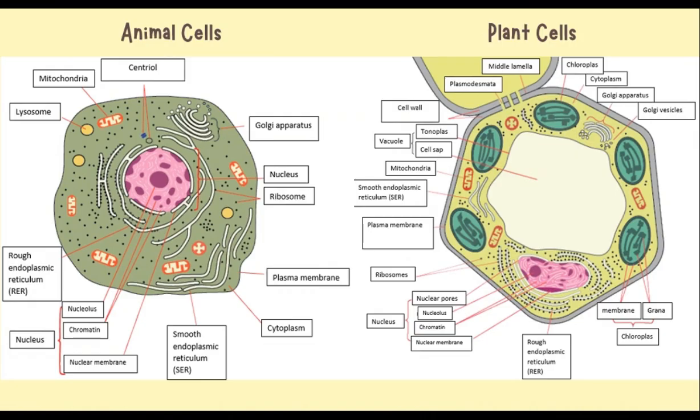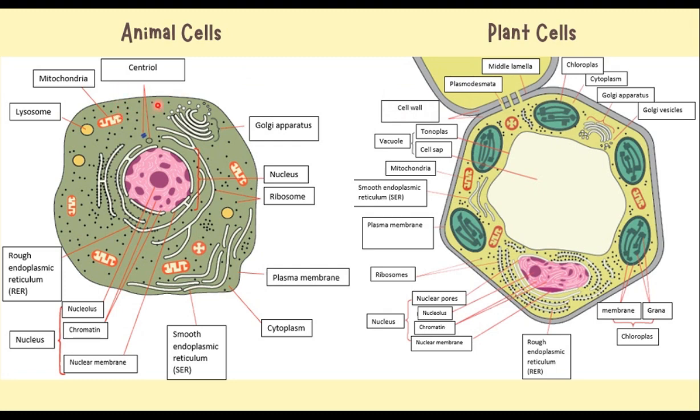This is a picture of an animal cell and plant cell with detailed organelles. First, in plant cells, there is the cell wall. The cell wall function is for protection.